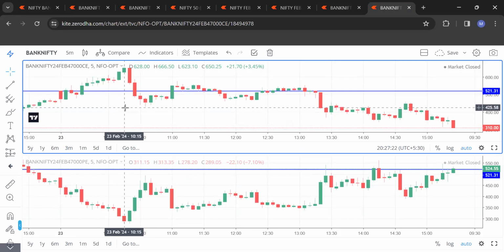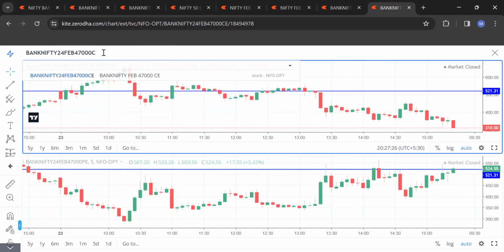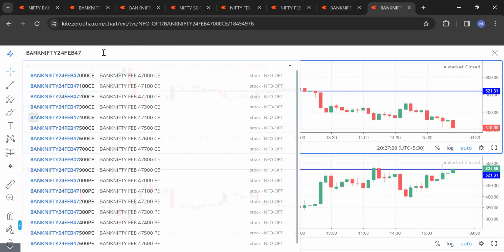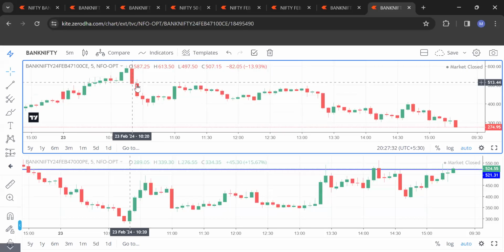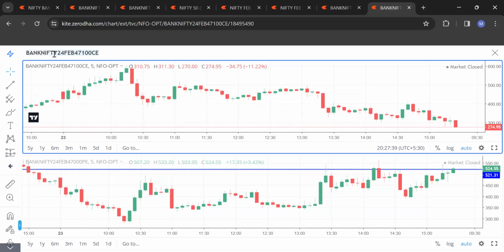It is 650, it's far more. Okay, so 47,100. You need to change the strike price as per SPP. It's 589, and what we need is 478. So 47,200.